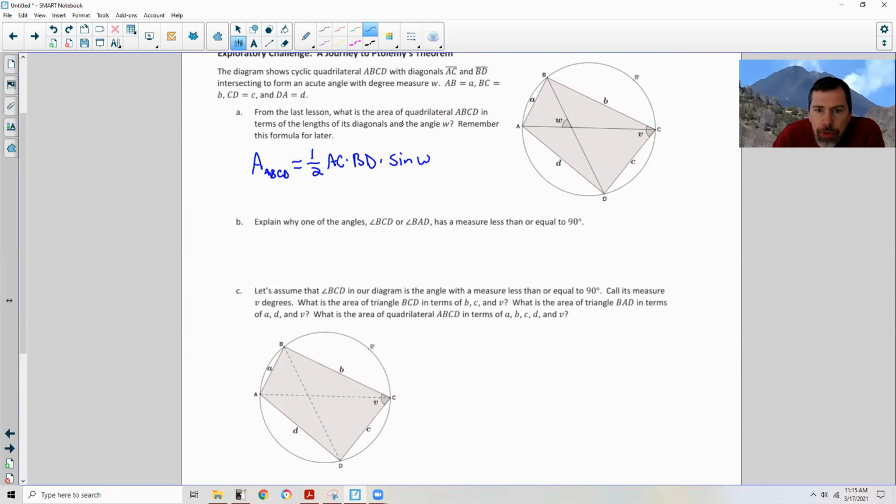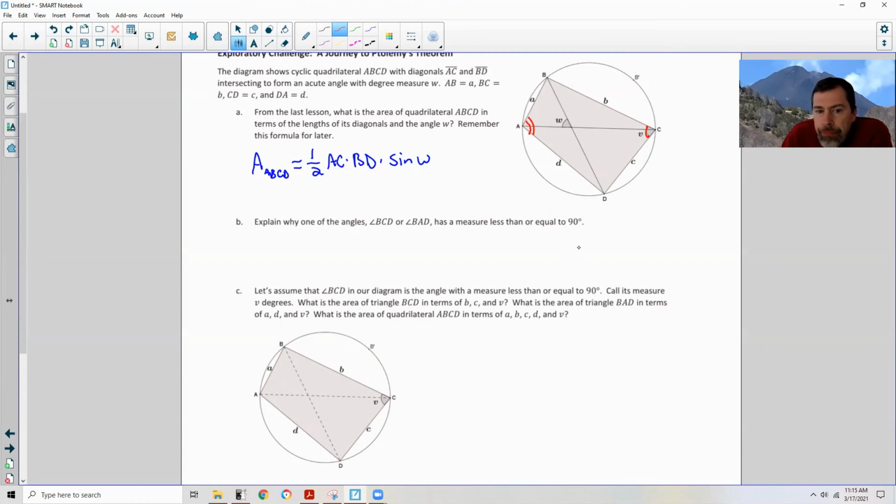So we are going to be using this formula later. So B says, explain why one of the angles, angle BCD, which is right here, or angle BAD, which is right here, has a measure of less than or equal to 90 degrees.